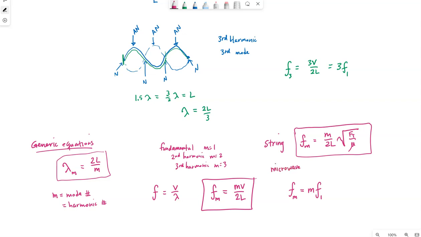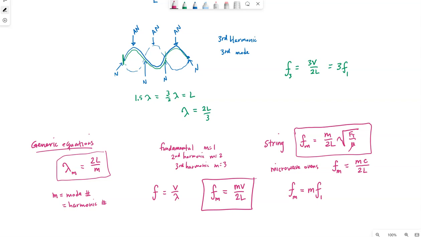Our microwave ovens in our home that we cook our food with are standing waves, and they are standing waves such that there are nodes at the walls of the microwave. We can say that the frequency of the mth mode would be m times c over 2L, with c the speed of light, because microwaves are electromagnetic waves, light waves. So we could apply this in that situation as well.